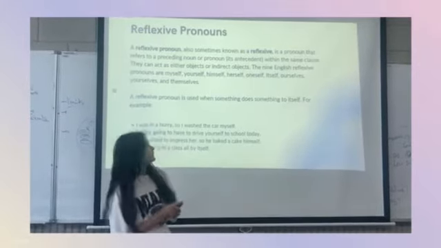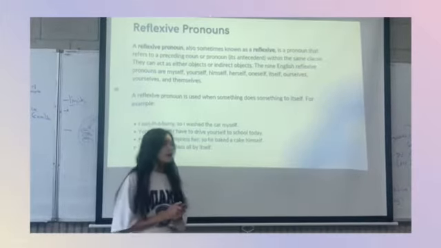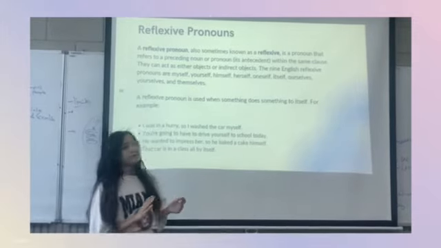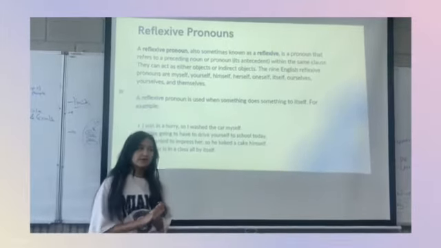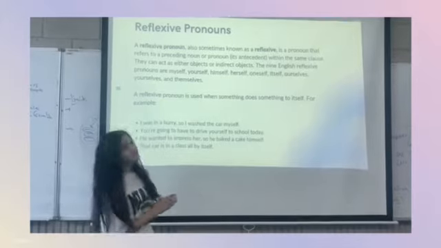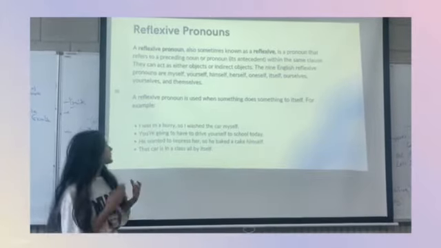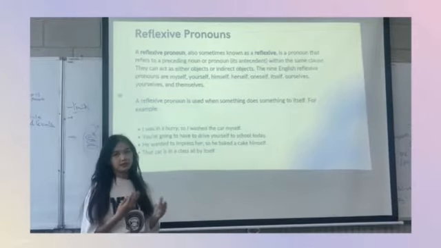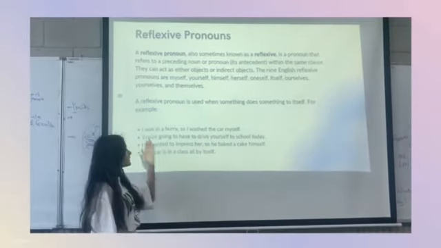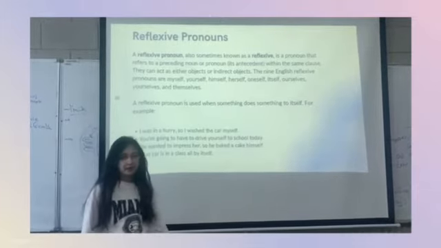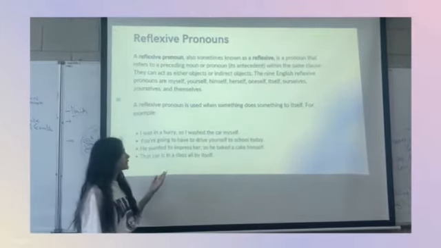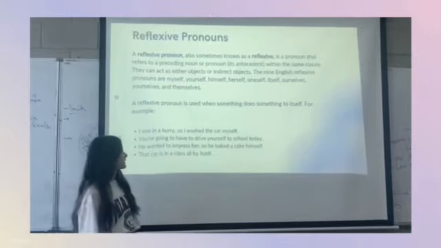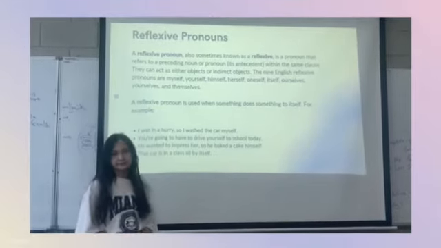There are 9 English reflexive pronouns: myself, yourself, himself, herself, oneself, itself, ourselves, yourselves, and themselves. A reflexive pronoun is used when something does something to itself. For example, "I was in a hurry, so I washed the car myself." "You're going to have to drive yourself to school today." "That car is in the class all by itself."